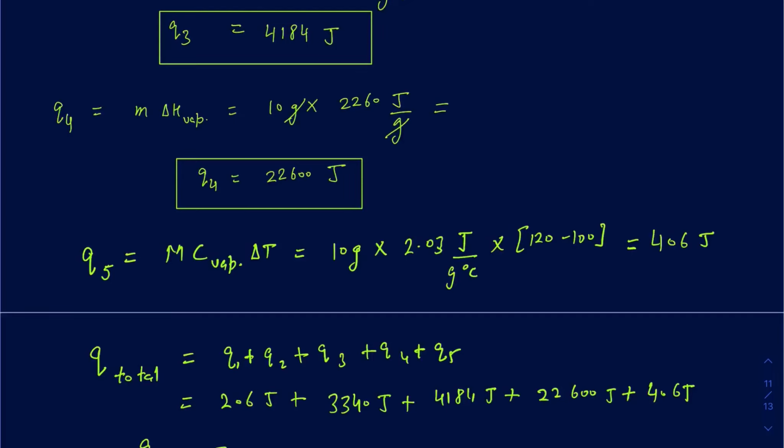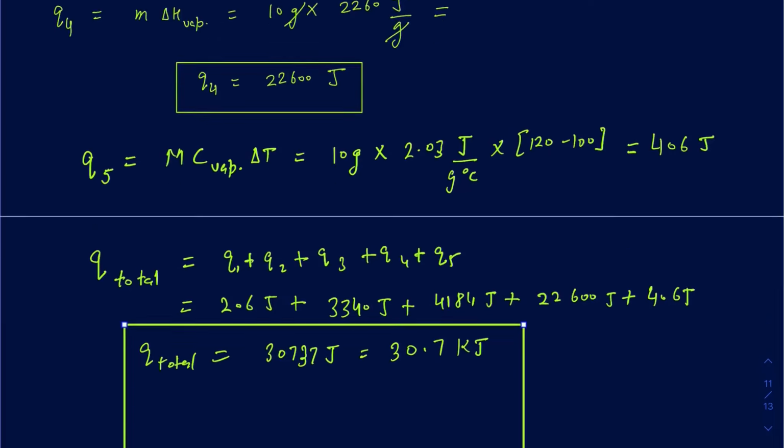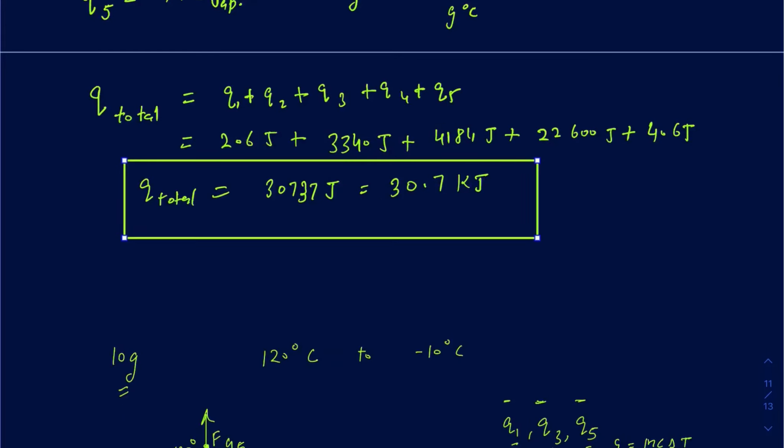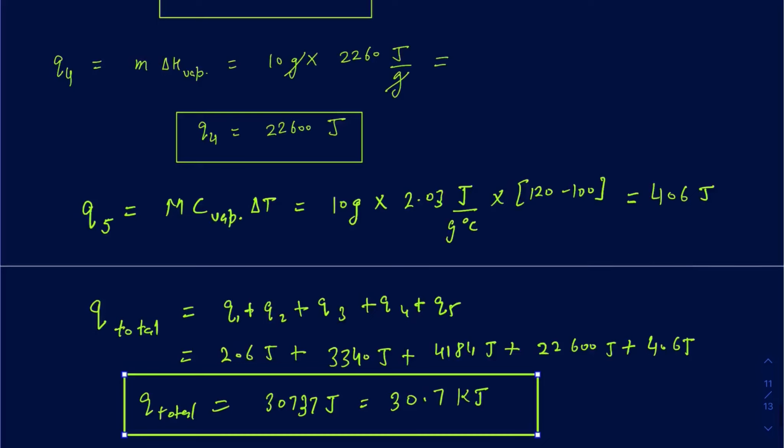The total energy you're going to need is the sum of all of them, which comes out to 30,737 joules. Since it's a bigger number, I can convert that into kilojoules, and if I keep 3 sig figs, that's 30.7 kilojoules. That's how much energy is required to go from ice all the way to vapor at 120 degrees Celsius.